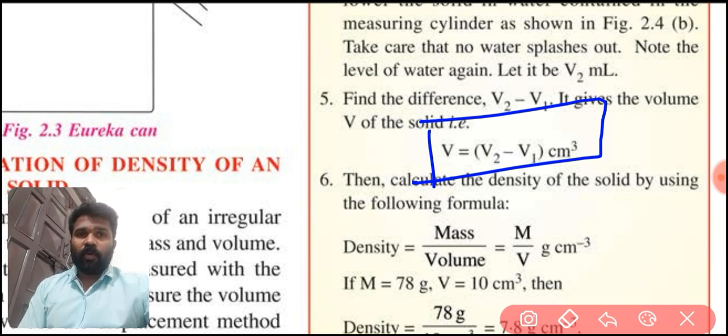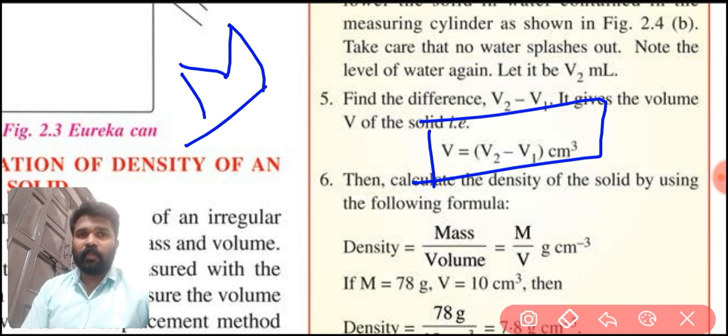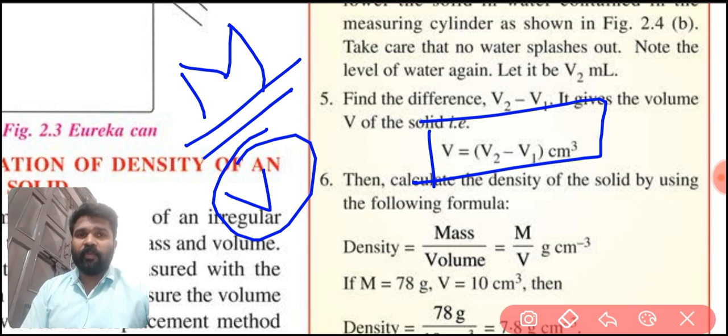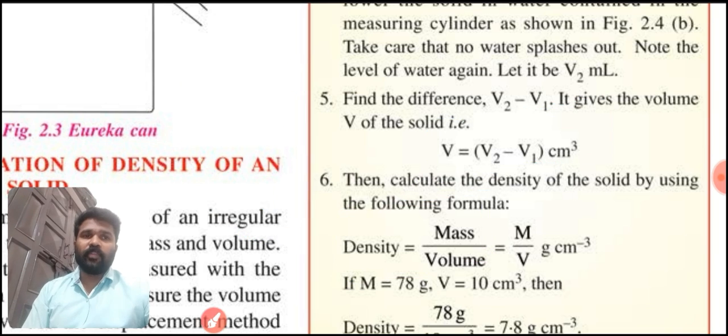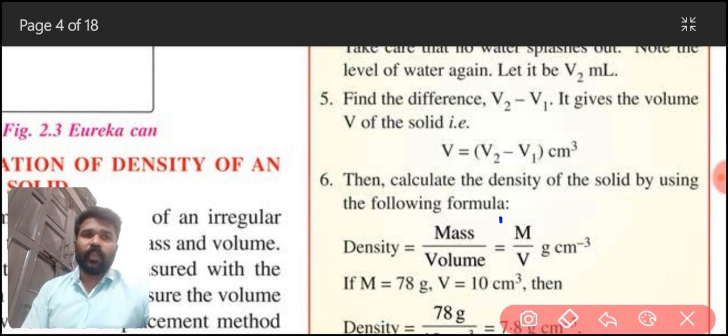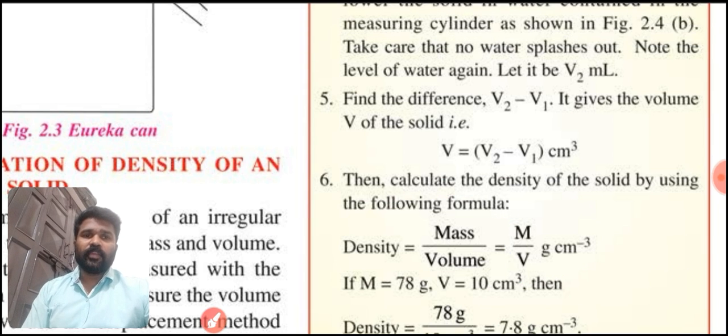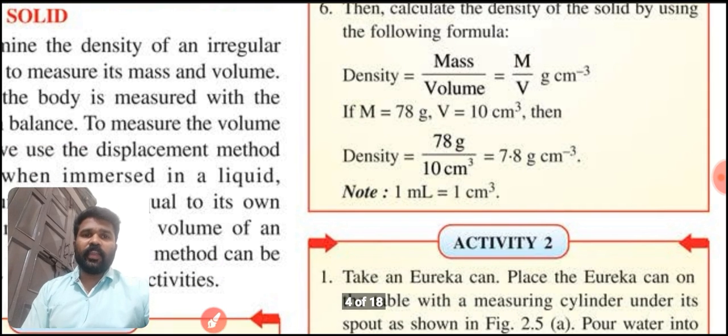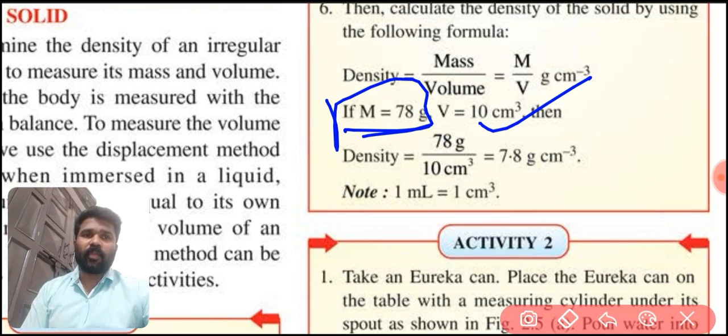Now first of all, we have already found the mass m by the beam balance. Now we got the volume V by the displacement method. Now how can we find out the density? Density by using the relation mass upon volume, that means m upon V. Suppose that m is 78 gram and V is 10 centimeter cube.